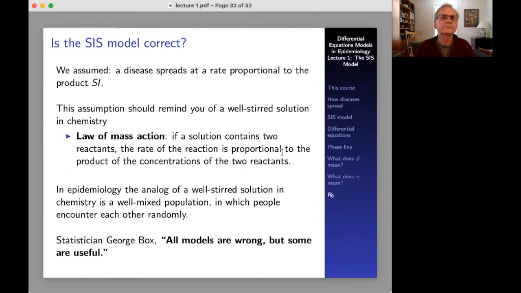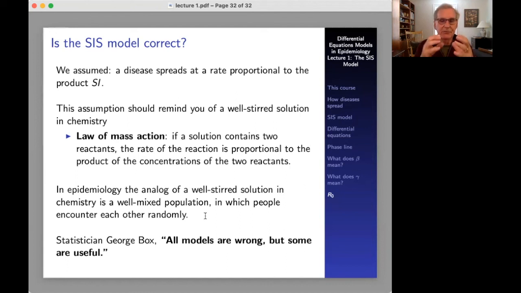Now, are populations normally well mixed? And the answer to that is no. In a human population, people don't encounter everybody else randomly.